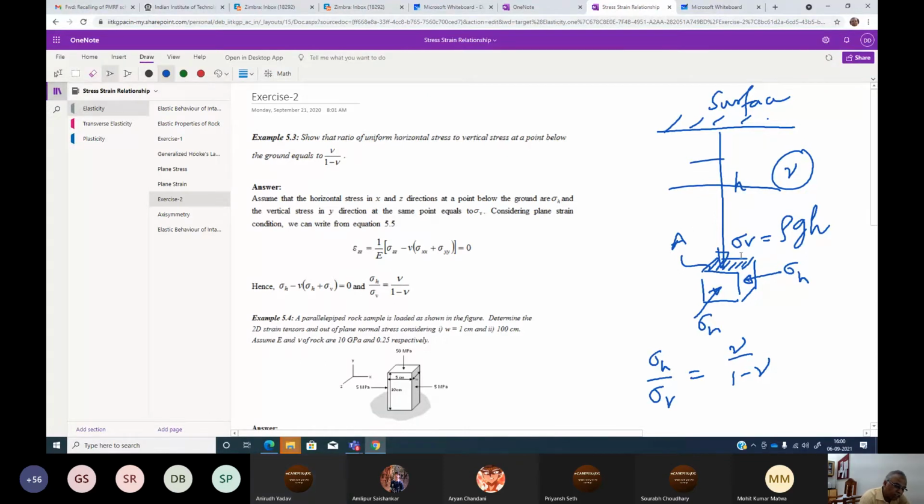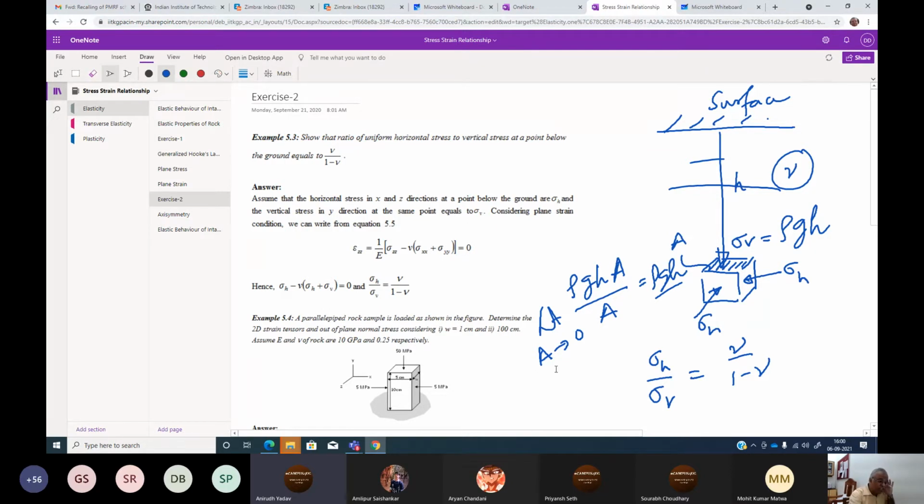We are talking about stress on this area A. What is the total force acting on this area A? Vertical force, rho g h into A, divided by A, limit A tends to 0. What is it? Rho g h.